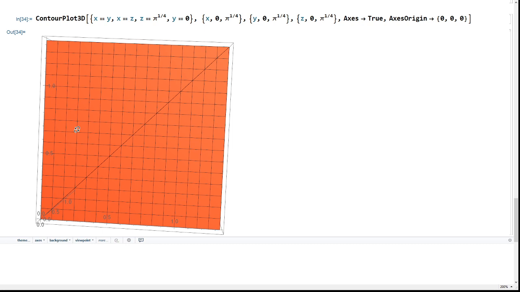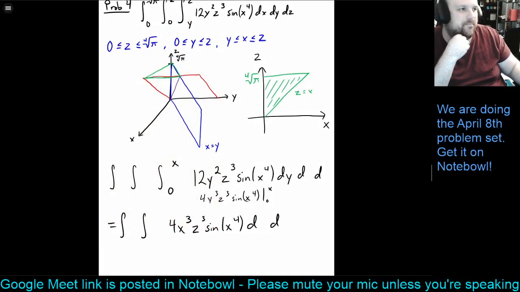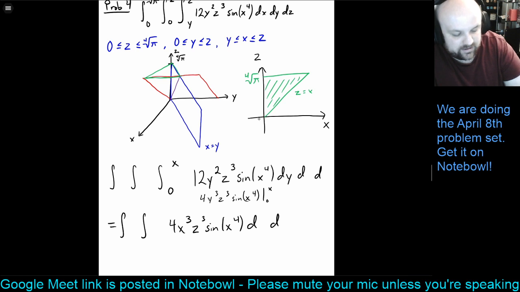So this is the 4th root of pi. This line here is z equals x, and we're trying to integrate over this. Switch back here. Yeah, so we're looking at integrating over this region here.